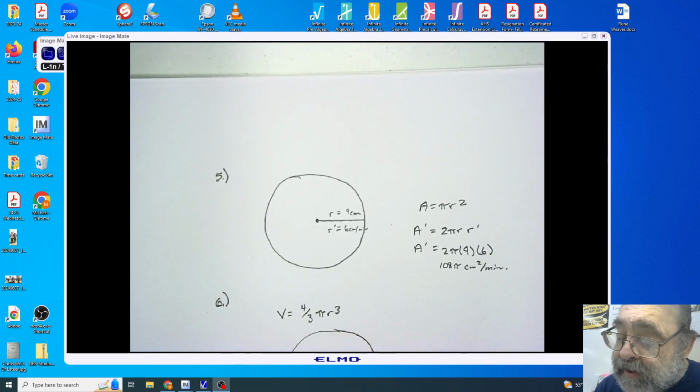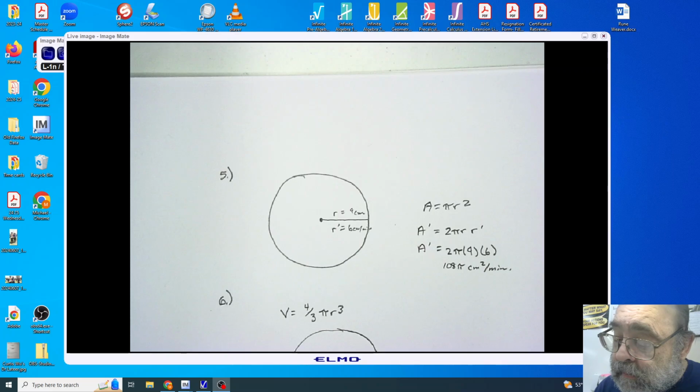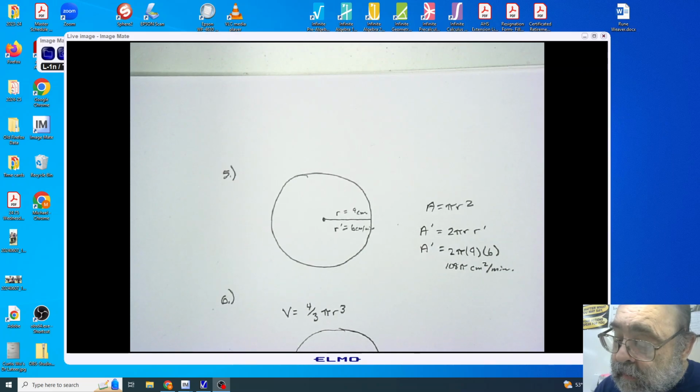I'm going to draw myself a sphere. That radius has to change. And they tell me that the radius is increasing, so r prime is increasing at 4 centimeters per second. Our radius is 4 centimeters.